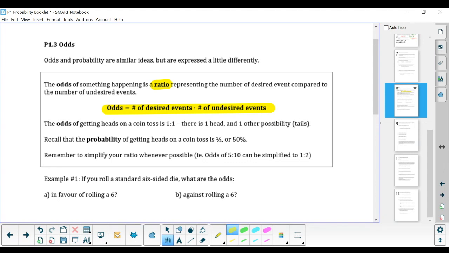For example, the odds of getting heads on a coin toss is 1 to 1. There is one head versus your other possibility, which is tails, so 1 to 1. Your probability, on the other hand, is 1 out of 2, or 50%. We need to make sure that we simplify our odds whenever possible.